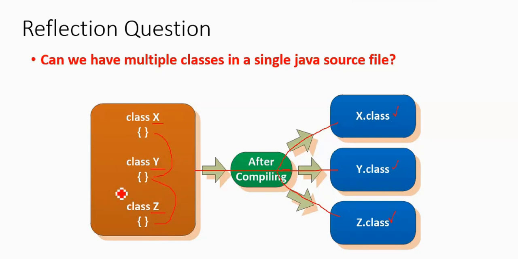So at that time, while execution, we should specify the class name Y: Java followed by Y. Don't give Java followed by X or Java followed by Z, because the main function is available inside class Y. If it is available in Z, you should specify Z.